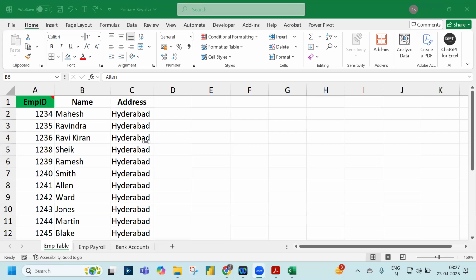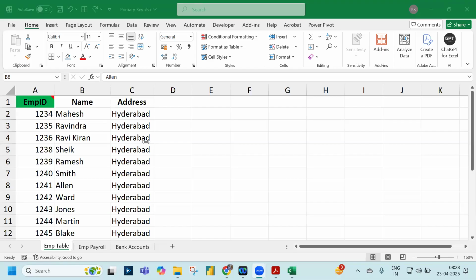But the same PAN in the IT returns table is a foreign key. Why? Because we are filing IT returns every year, using the same PAN every year.